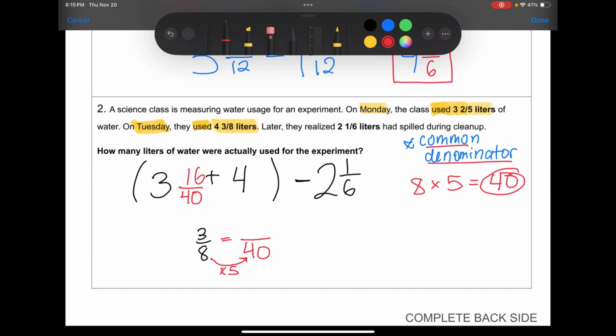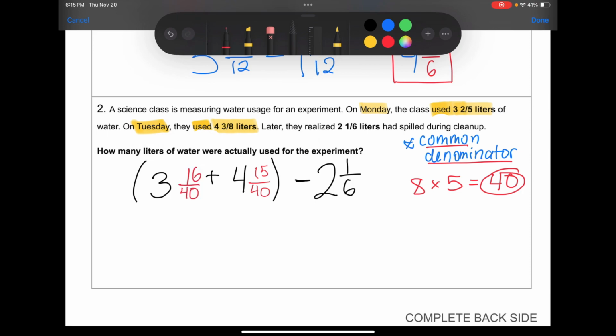And whatever we do at the bottom, we do at the top. So 3 times 5 is 15. Fantastic. So we are no longer going to use 3/8. We're going to take 15/40, and that is going to be our new fraction.